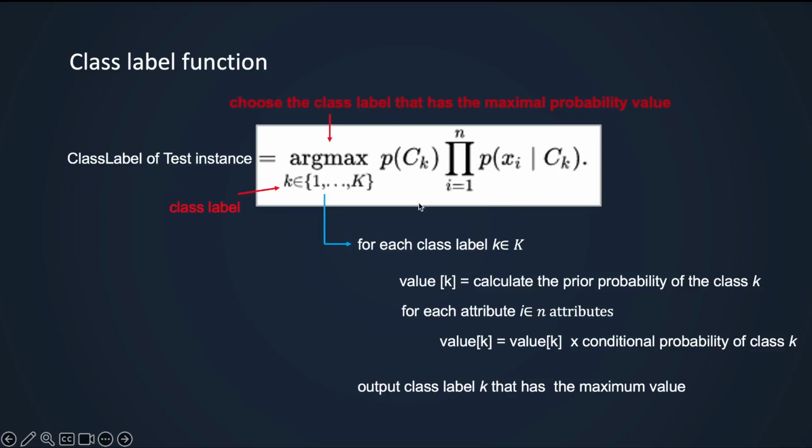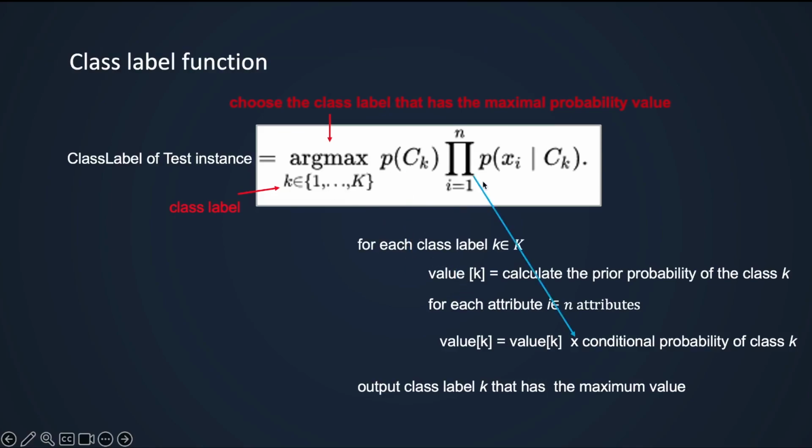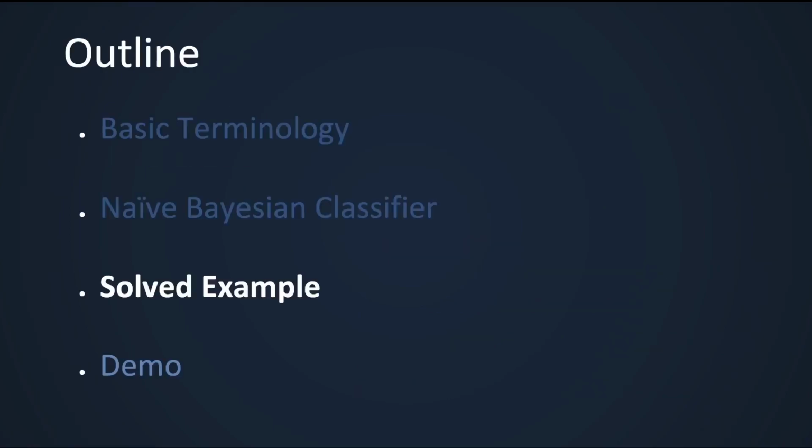And once we do it, we are going to take the maximum value out of the derived values and assign the corresponding class label. Let us look at an example of predicting the class label using Naive Bayesian.